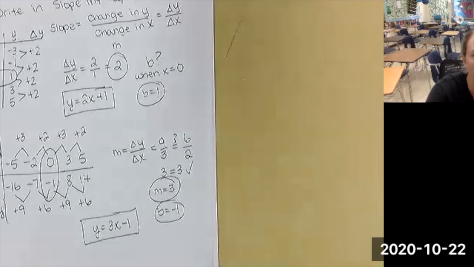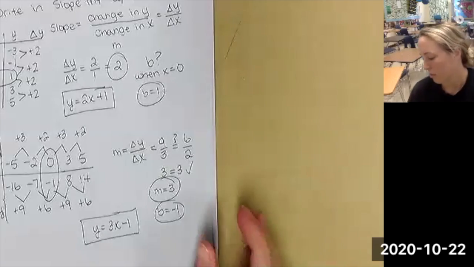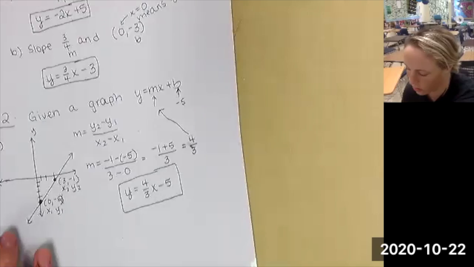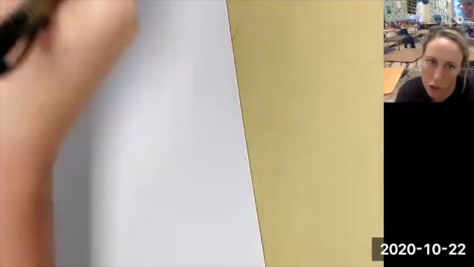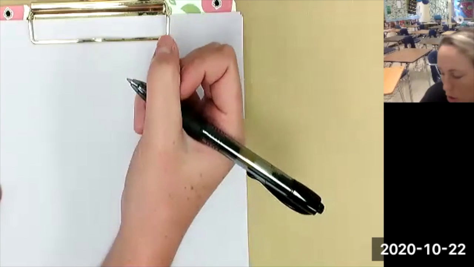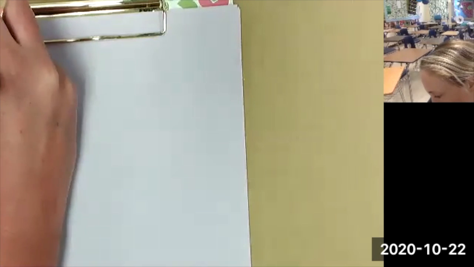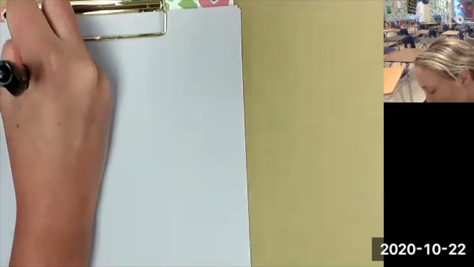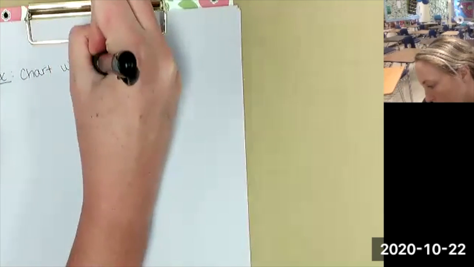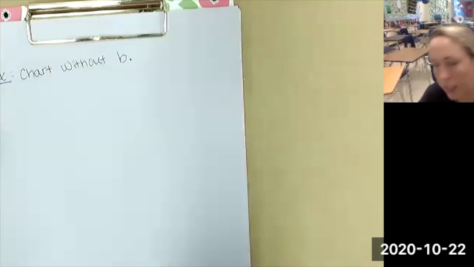Okay, so let's talk about whenever we don't have 0 on the table. So 0 for x, obviously. So I'm going to flip the page. Never mind, new page. Okay, so new chart. So we've got a chart without b in it.